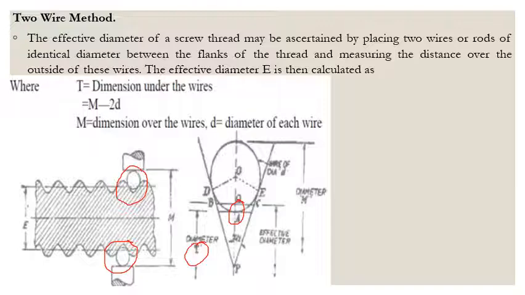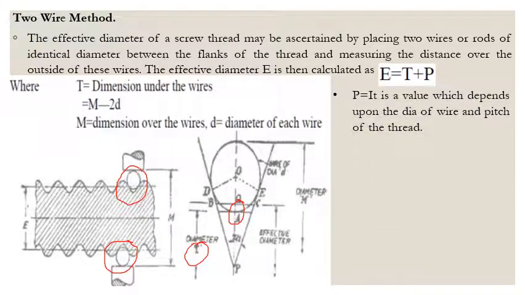P itself depends upon the diameter of the wire and the pitch of the thread. That's why we have to derive the equation for calculating P, which includes all these terms.